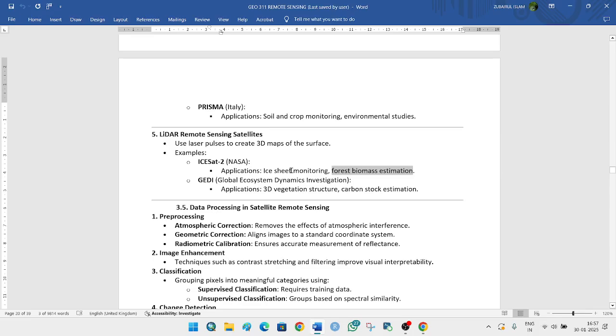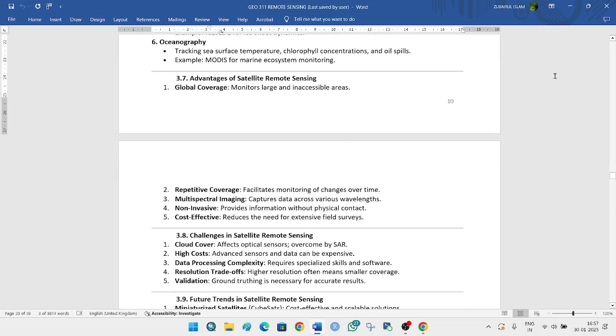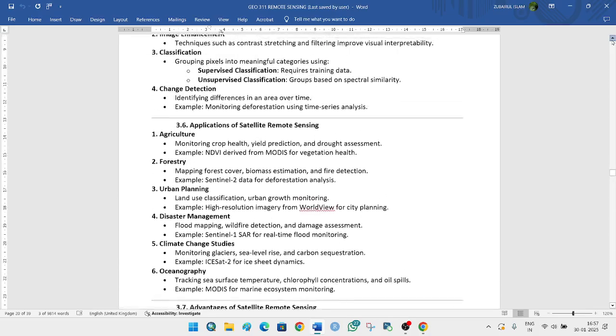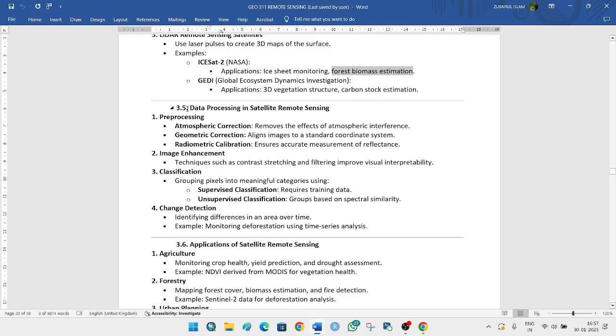Then we come to 3.5. 3.5 is data processing in satellite remote sensing. Before some formal analysis, you have to pre-process your data like atmospheric correction, geometric correction, radiometric calibration.